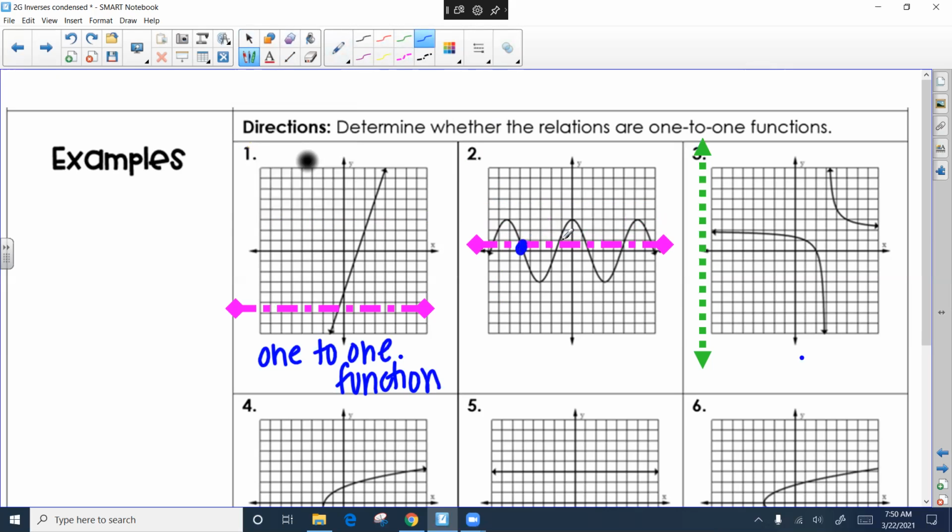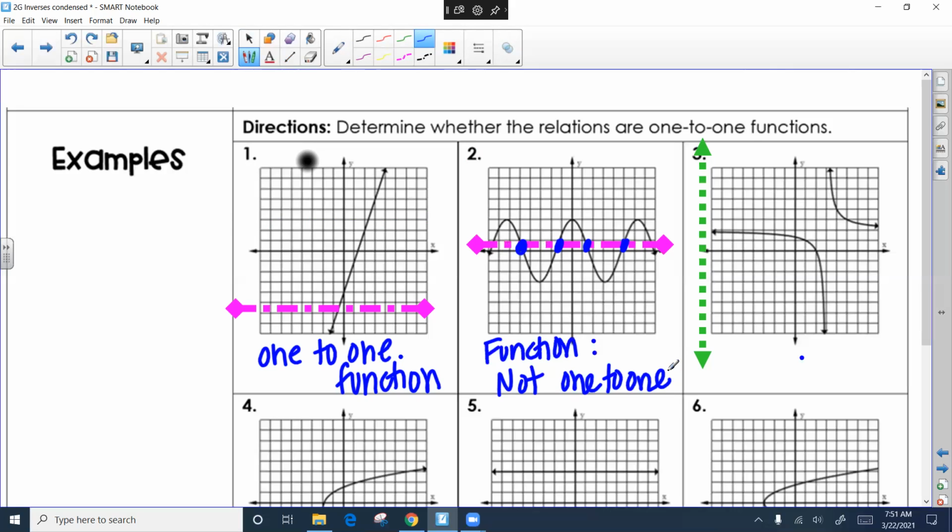It crosses here, here, here, here. So number two is a function because it passes the vertical line test, but it is not a one-to-one function.